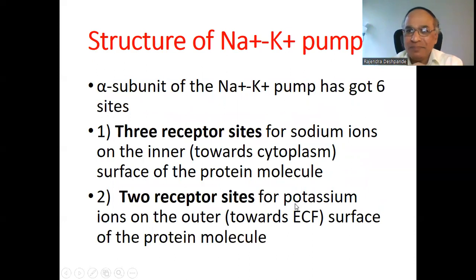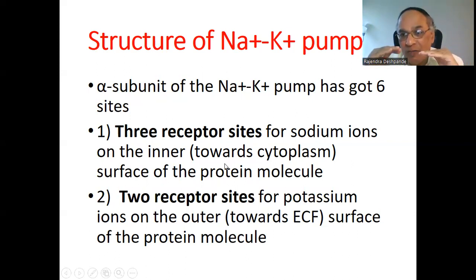Next, structure. We are continuing with structure. The alpha subunit of the NAK pump has 6 sites. Totally at 6 places these molecules are present. Number 1, three receptor sites for sodium ions on the inner side.